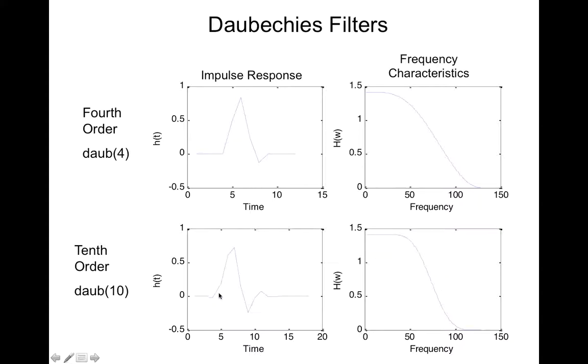The thing that is kind of unique about the DB filters is, if you look at this DB10, you notice it kind of looks like a heartbeat signature. So the reason they're so popular in biomedical engineering is that they tend to sort of look like biomedical signals.